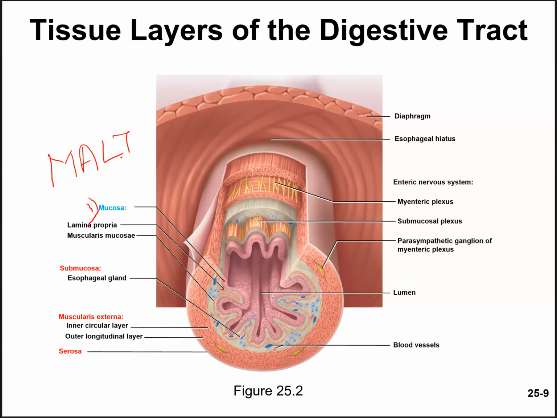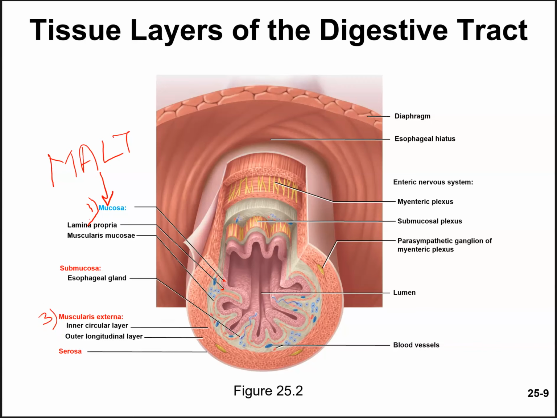MALT is mucosa associated lymphatic tissue. MALT is the lymphatic tissue that contains lymphocytes and lymphatic nodules. So the main job of MALT in the mucosa is to sample food from time to time and present it to the antigen.